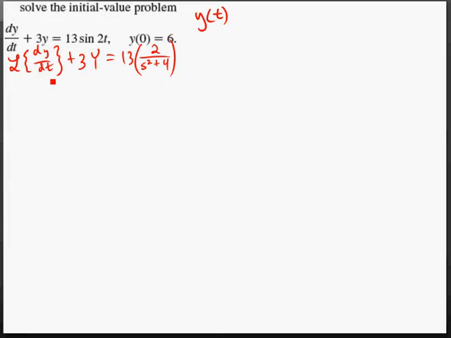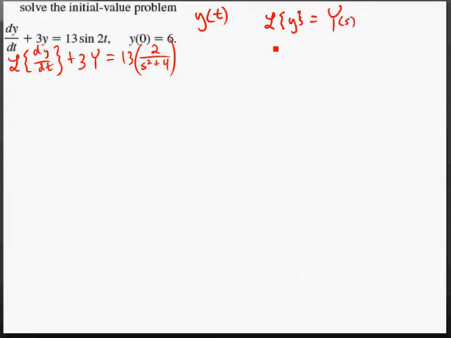So we have at this point established what we have: a 3Y, capital Y, and that stems from taking the Laplace. Just in general, I should review this. Laplace of a y function is going to give you a capital Y. Notice this little y was a function of t, and this is going to be a function of s now.